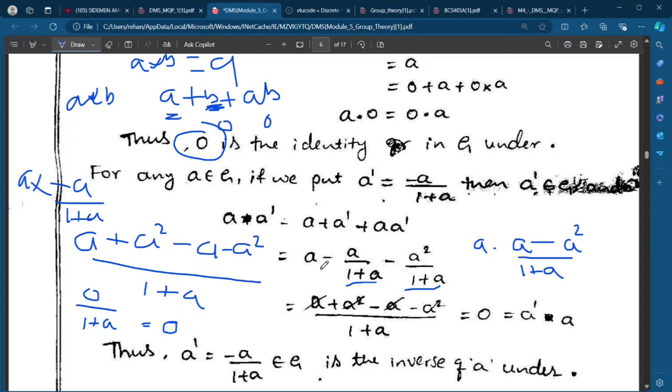Now, since this base is the same, I will just add these two. So that is nothing but A minus A square, and I have minus A here. So what I'll do, cross multiplication: A into 1 plus A minus A square.